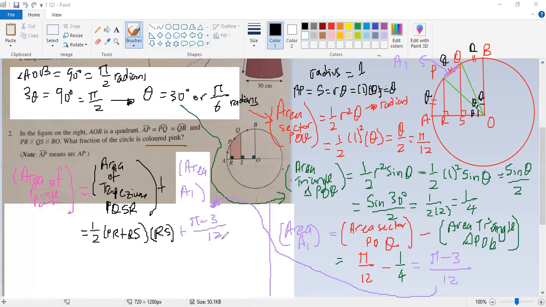Now, how about PR and QS and RS, how do we find those? That's going to prove a little bit of a challenge. That's actually another triangle part. So what I need to do is take a screen grab of this. I will take a screen grab and modify it, because there's not enough space to do that part here.